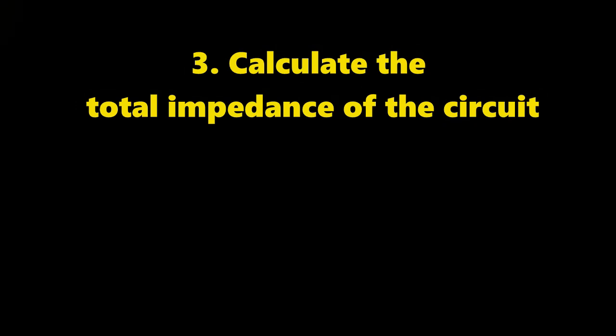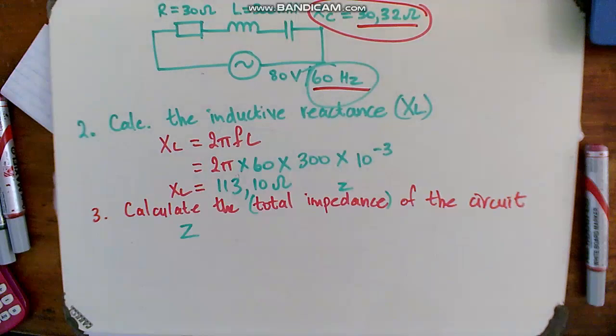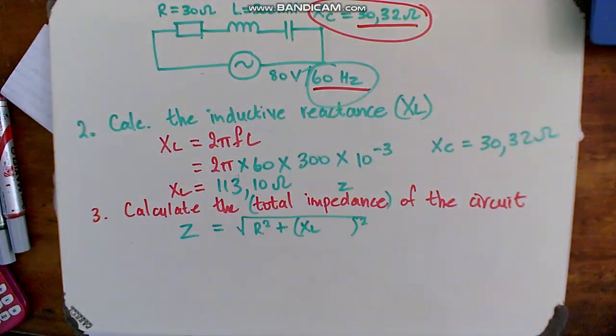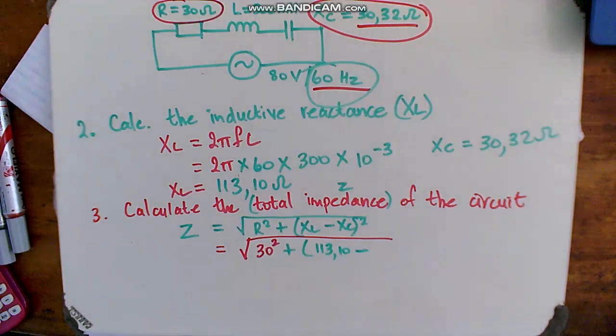The next question says calculate the total impedance of the circuit. So impedance is the combined effect of resistance and reactance. So the formula is R squared plus, now you have to check whether XL or XC is larger. The larger one will come first in the brackets. In our case, XL is larger, being 113,10, and XC only being 30,32 ohms.